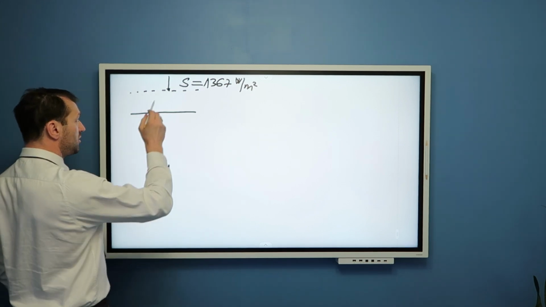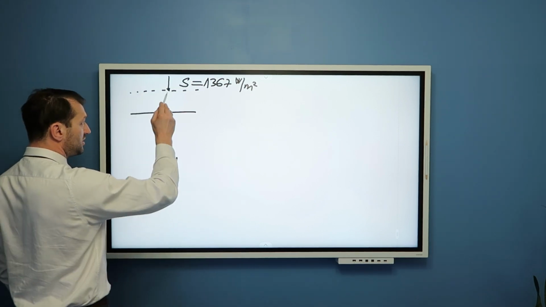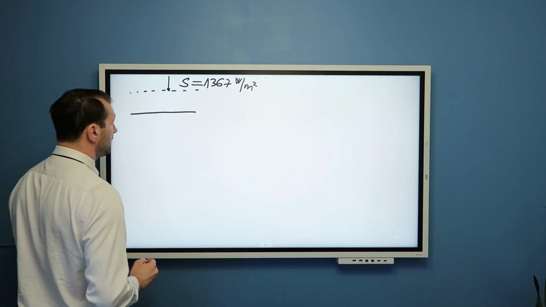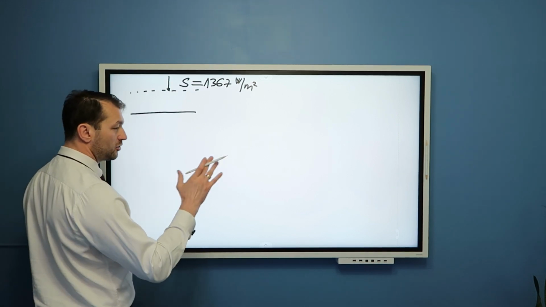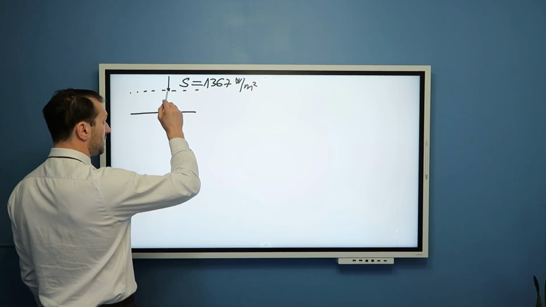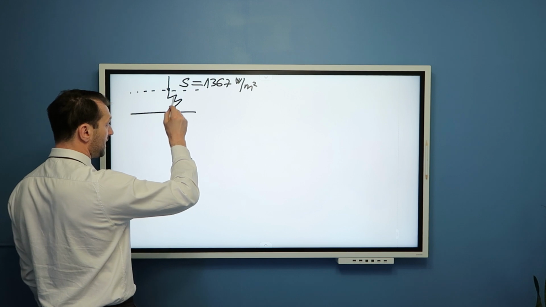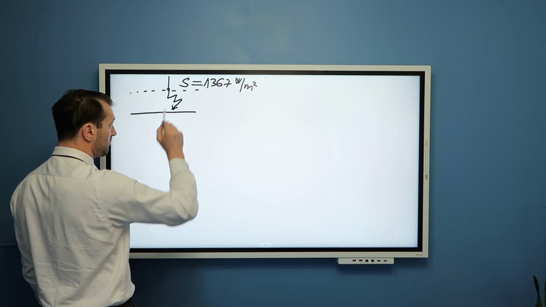In the previous video, we looked into the concept of light being scattered off the particles in the atmosphere, namely molecules and atoms and dust. So light is being scattered, and let's say this scattered light reaches the surface of the Earth.